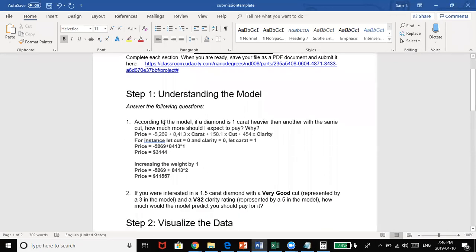So the question is, according to the model, if a diamond is 1 carat heavier than another with the same cut, how much more should I expect to pay?